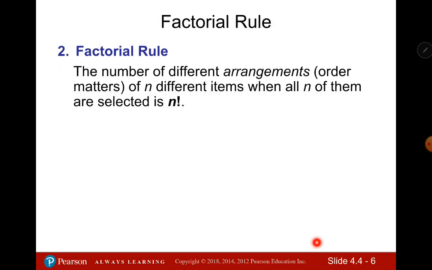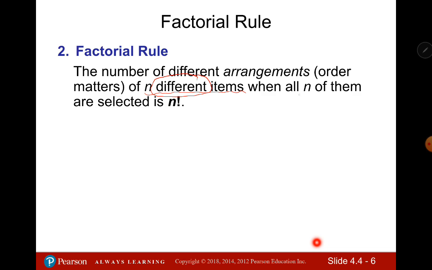The second rule is the factorial rule. This time we want to do an arrangement. We have n different items. Make sure you know the keywords: n different items, all the items are not the same.